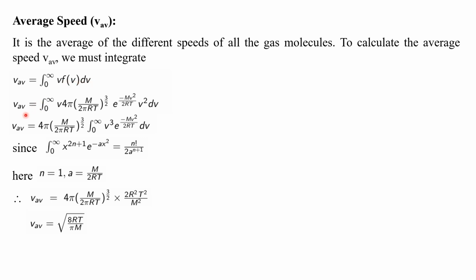So V average is the integral from 0 to infinity of v times f(v), and if we substitute it here, we get V average equal to 4 pi (m by 2 pi RT) to the 3 by 2 times the integral from 0 to infinity of v cubed and this term. This integration we can get from the table, and if we substitute everything we get the average velocity, which is root over 8RT by pi m. So this is the average velocity value.